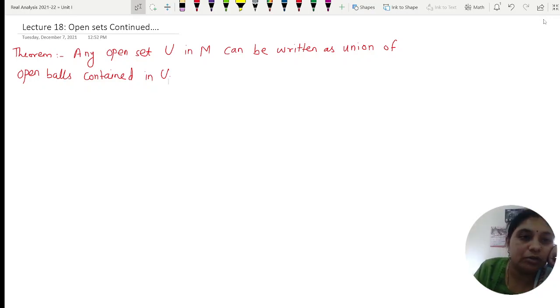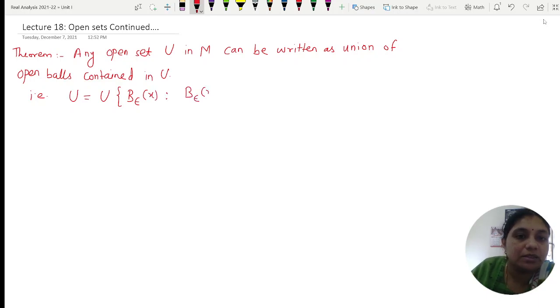We want to prove any open set U in metric space (M, d) can be written as a union of open balls, which will be totally contained in U. That is, U is equal to the union of B epsilon of X such that B epsilon of X is totally contained in U. This is the union and this is U.